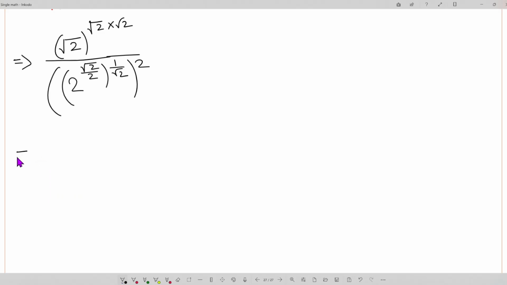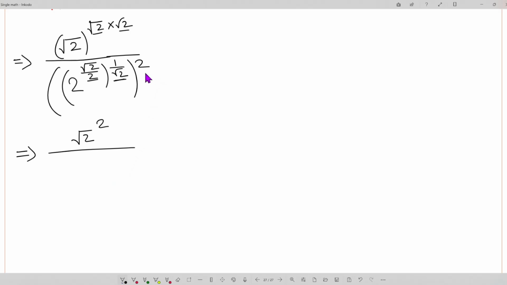Now root 2 to the power root 2 times root 2, it will be only 2. And this one, look, root 2 by 2 can be multiplied with 1 by root 2, right?